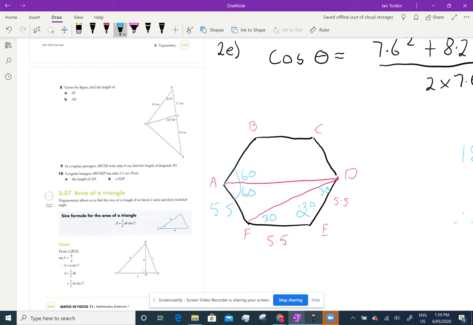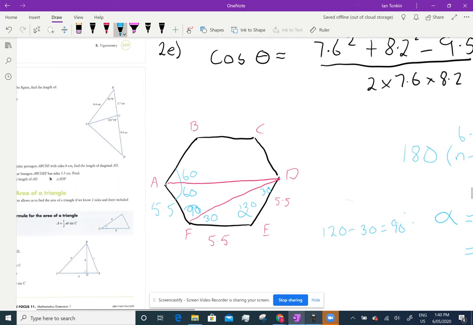And therefore this angle in here, which has got to add up to 120, will be 120 minus 30, which is 90. Well, isn't that unusual? And then I've got a right angle triangle. I don't even need to use the cos rule after I find the length of this side.